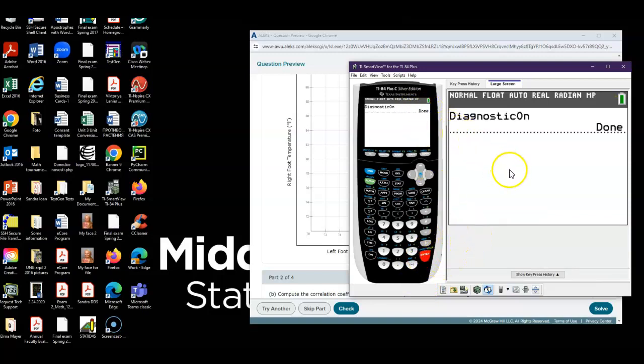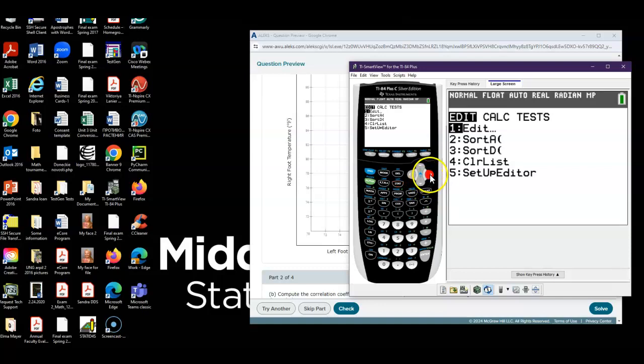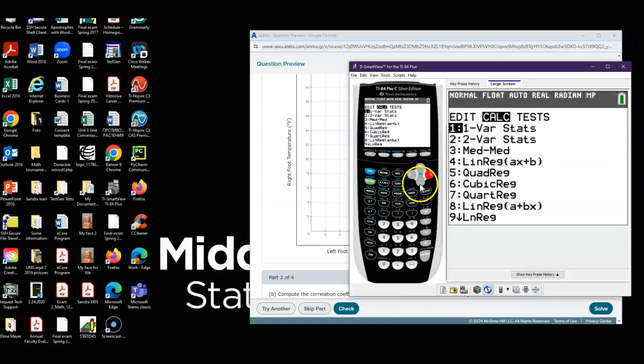After you calculate the linear regression function for this data, your correlation coefficient will be there. How to calculate it? Stat, Calc, and then choose linear regression, number 4.